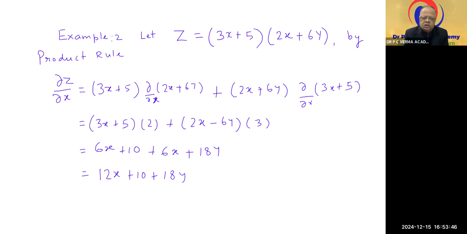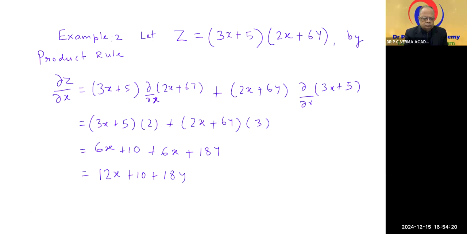Plus 2x plus 6y, and here it is 3x plus 5, and its derivative with respect to x is 3.